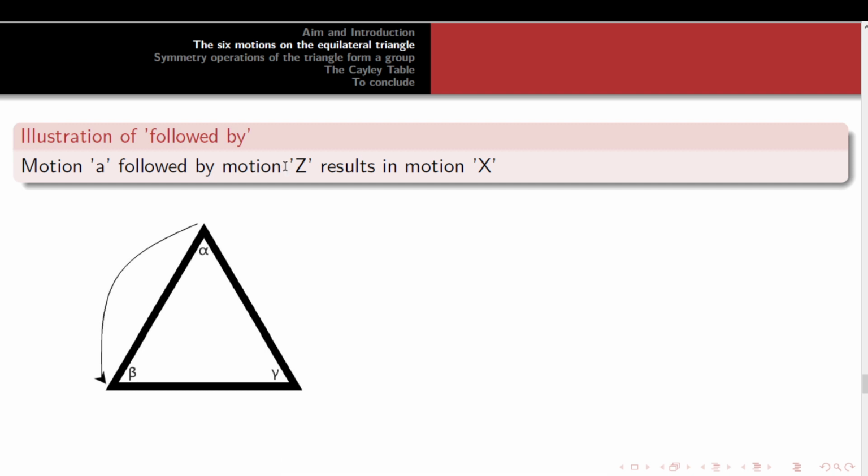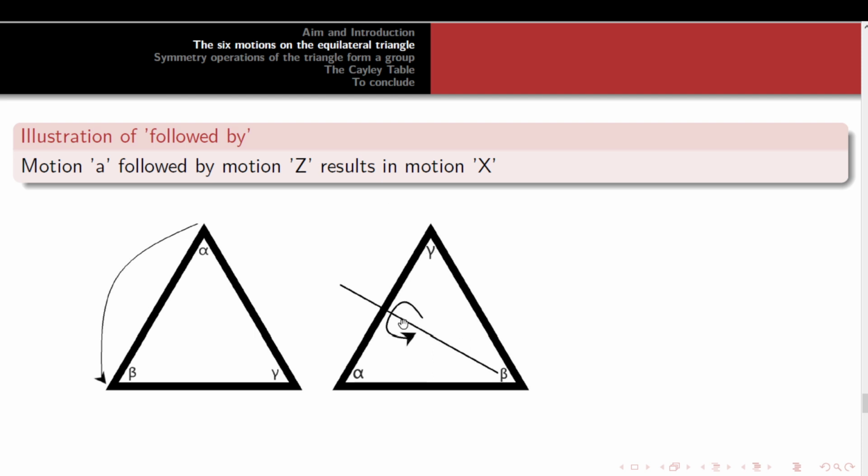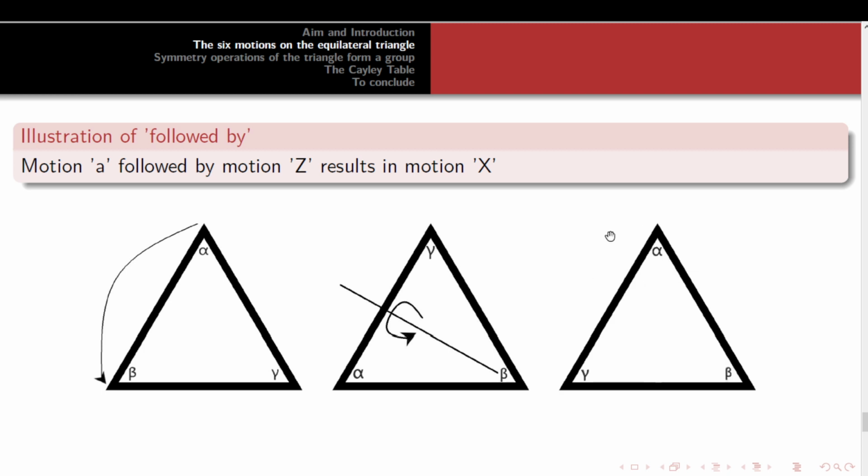The motion Z was the flipping about the axis at the bottom right vertex. So you already obtained the triangle after applying the motion A, and on that triangle you are going to flip about this axis, and you get the triangle which is sitting here.